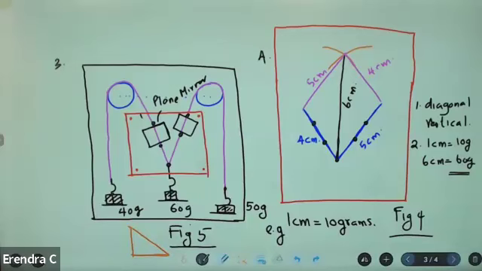So the plane mirror is kept under the string until the string and the image coincide with each other.